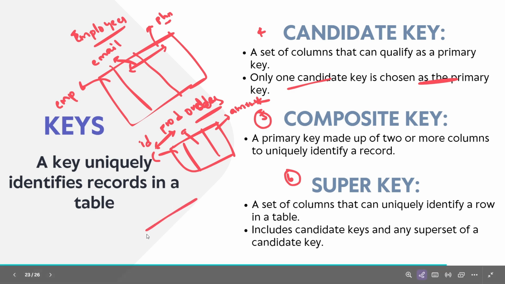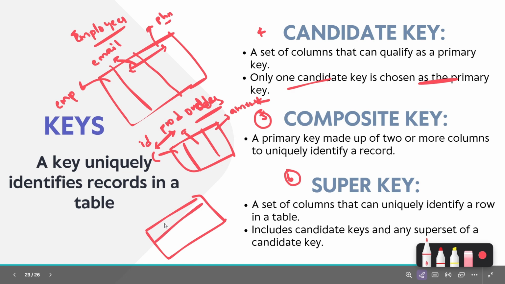Or let me explain with the table. So now think of this as a table. This is an employee table. So we are going to have an employee ID, and we are going to have name, and we are also going to have a phone number or the department of work. All right, anything it can be.